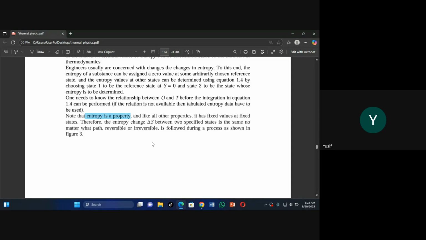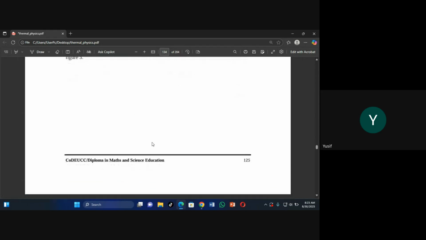It means one can choose the main Accra to Cape Coast road. It's the same as 100 cedis. One can also choose to go and pass Kumasi and those kinds of places before it comes to Cape Coast. Irrespective of wherever it passes, it's still the same 100 cedis. So it's a property. That's what we mean by this statement. Okay.